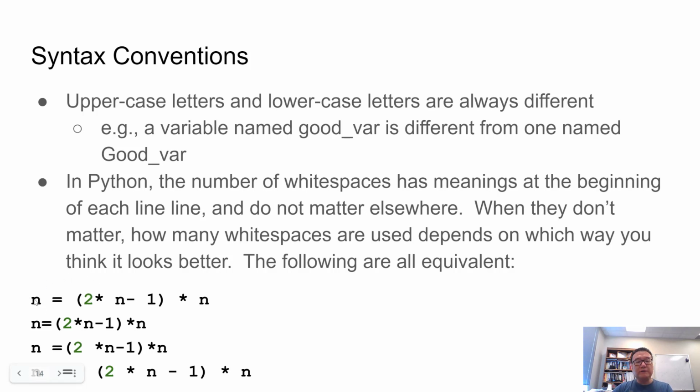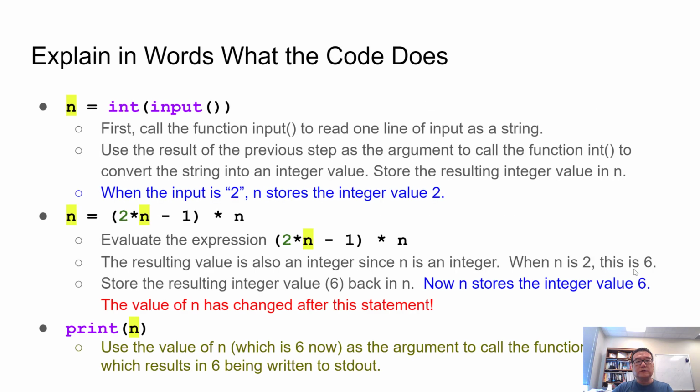But after the beginning of the line, the number of white spaces does not matter anymore. For example, here, using any number of white spaces makes no difference, so all these are equivalent. How to use them depends on how you like your code to look, which way you think looks better.